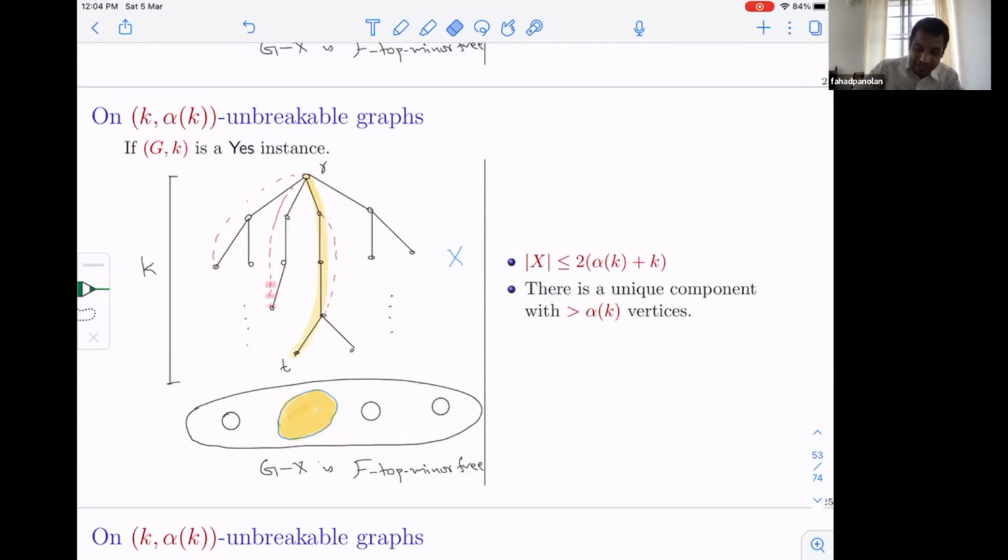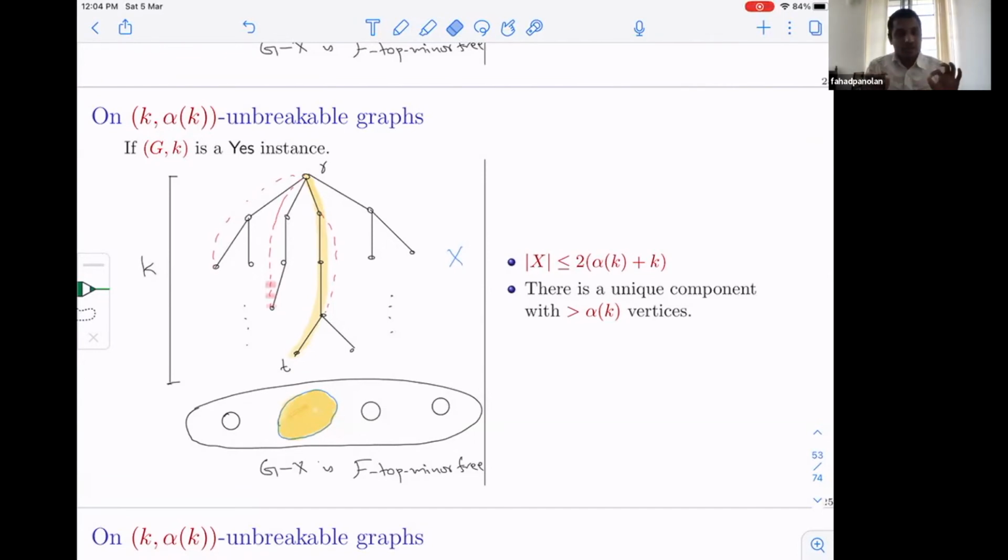So I guess the structure of the tree and this particular leaf to root path, which is TR, where this unique component is going to have neighbors from this path only. That path also I guess.